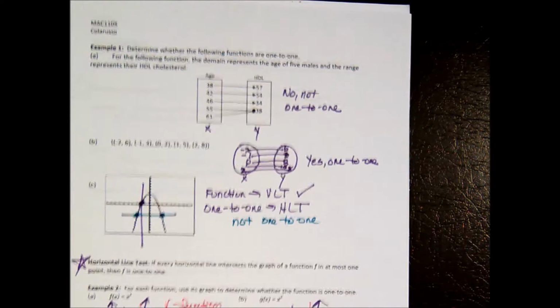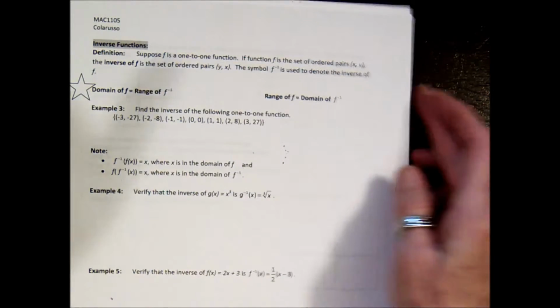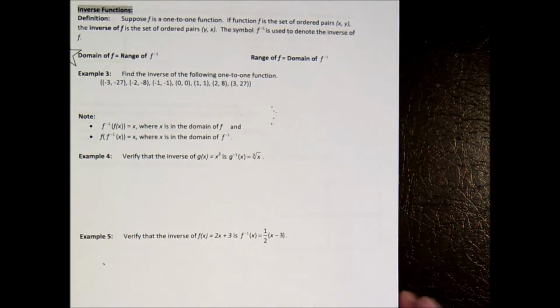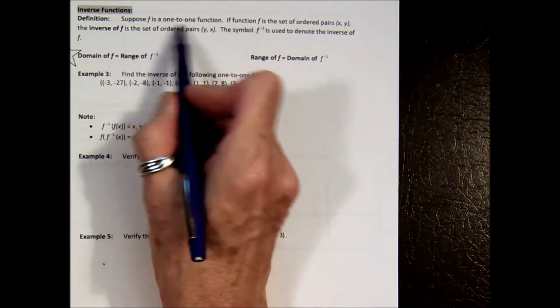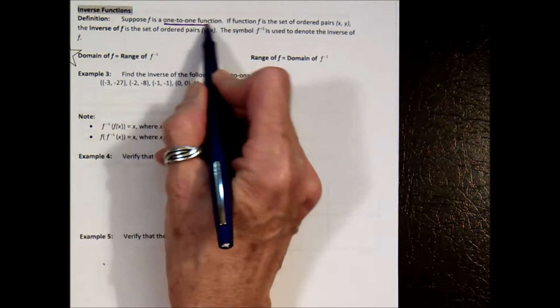All right, let's look at the next page. This is a different type of function called an inverse function. This is a little bit more complicated than just the one-to-one functions, which are pretty simple. So the definition of an inverse function says suppose f is a one-to-one function. So first it's got to be one-to-one.